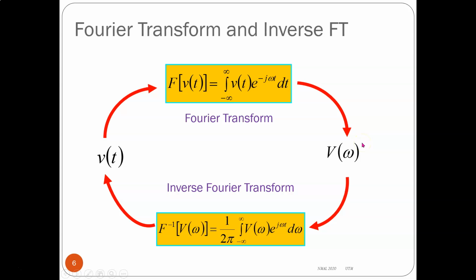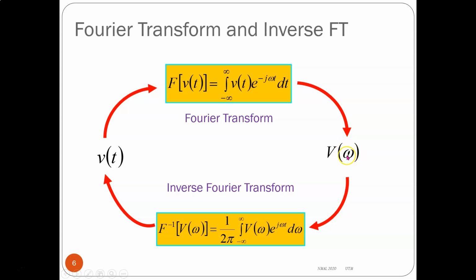So remember, when you write the signal in terms of time domain, you write it with a small letter, which is v(t). And when you transform it using the Fourier transform, it will become capital V of omega, because this is in frequency domain, hence this omega.